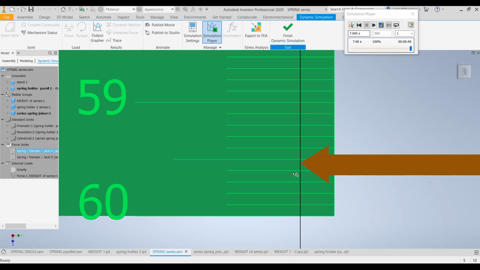So you will get the answer as 21.65. Okay, so 21.65 is the deformation.